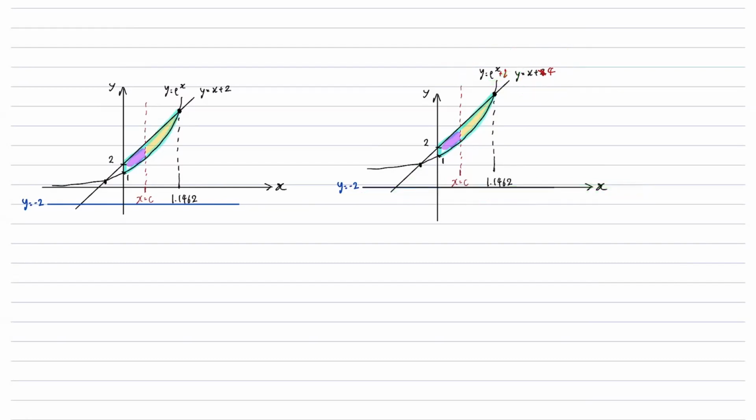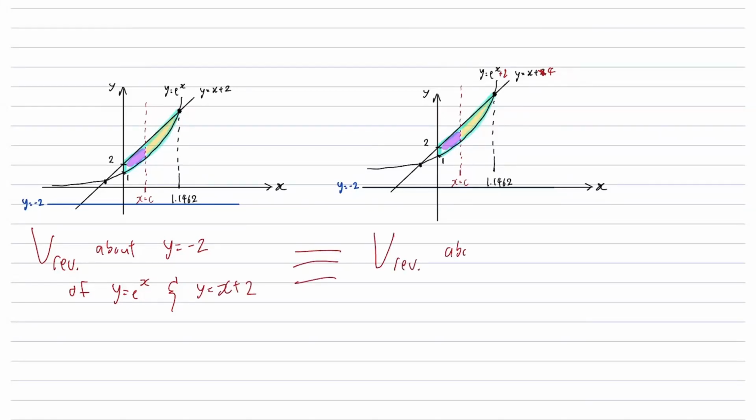Make sense? Yeah. The volume of revolution about y equals -2 of y equals e power x and y equals x plus 2 is exactly the same as the volume of revolution about y equals 0 of y equals e power x plus 2 and y equals x plus 2 plus 2.